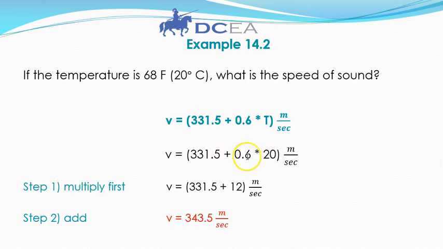So we'll multiply 0.6 times 20, which is 12, and then we will add our results together. We have 331.5 plus 12 becomes 343.5 meters per second. So in this situation, the speed of sound would be 343.5 meters per second.